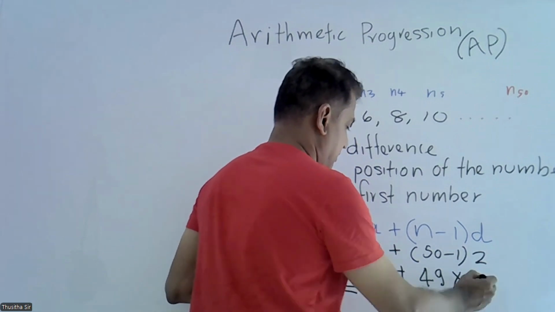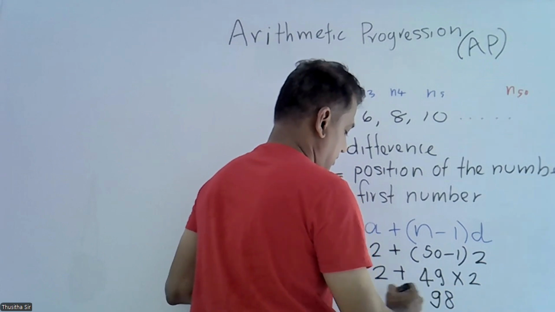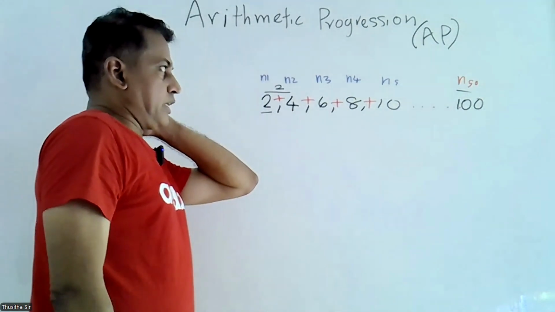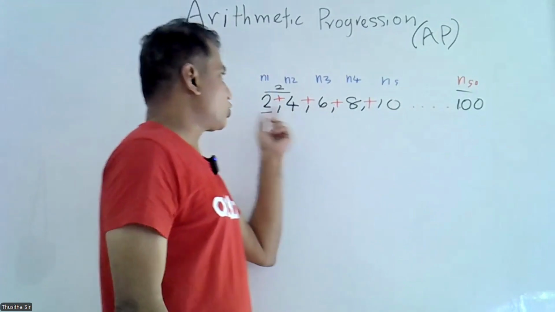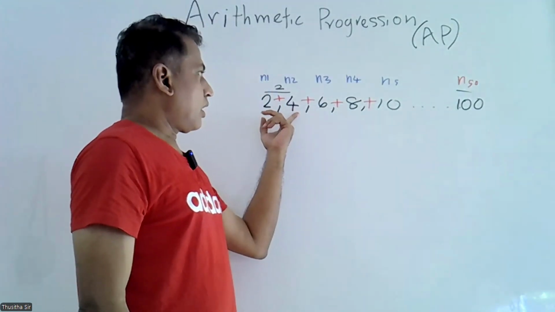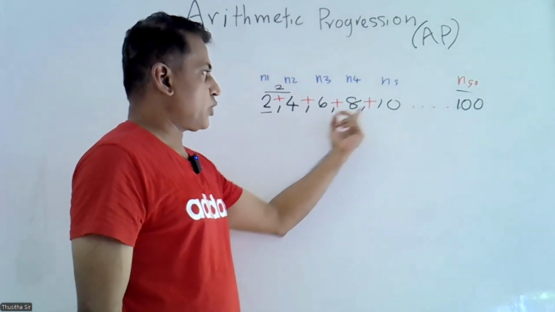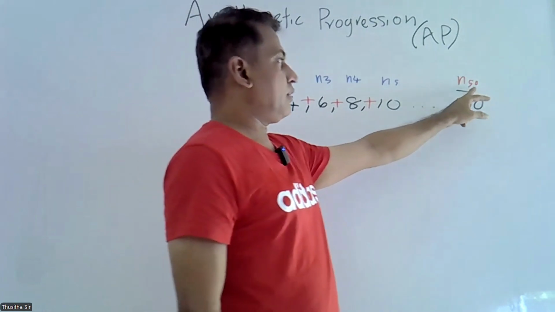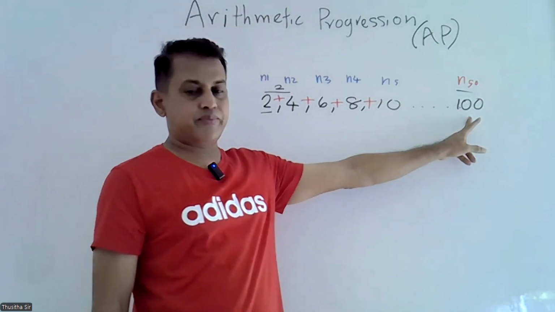Now I'm going to add all these numbers together, like 2 plus 4, 6, 6 plus 6, 12, 12 plus 8, 20, 20 plus 10, 30, like that. I'm going to add until position 50, that's 100.